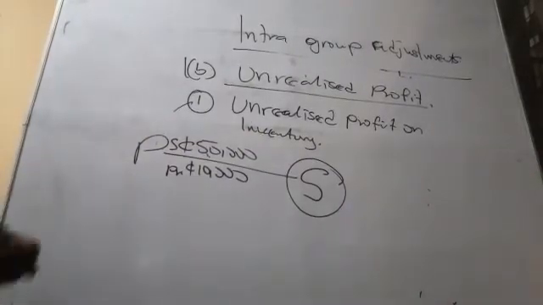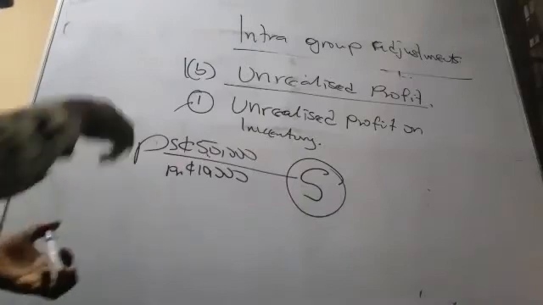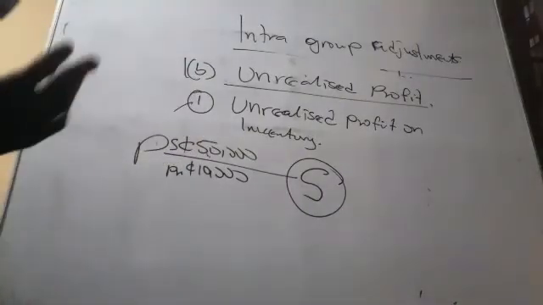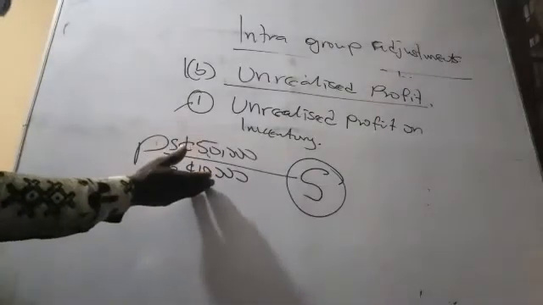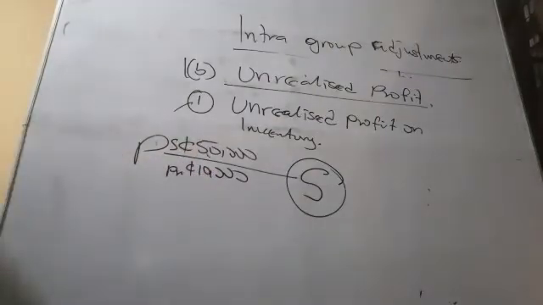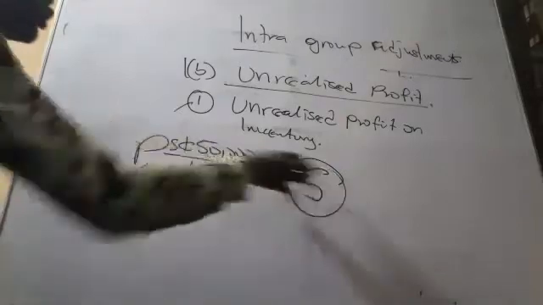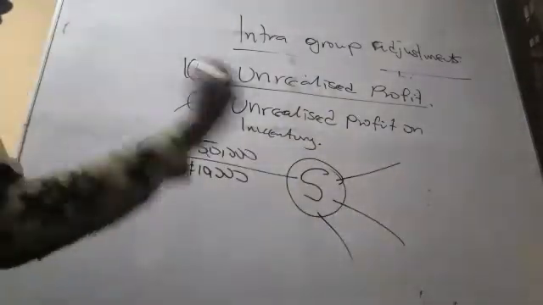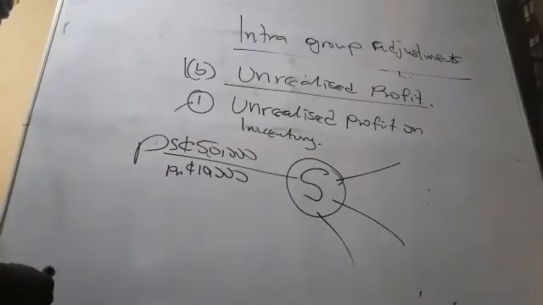So the question is this: when the parent made a sale, the parent was shouting, "Wow, I've made a profit of 10,000." The subsidiary took these goods, hoping to sell them to outsiders, to the third party. But at the end of the reporting period, the subsidiary has sold nothing from these goods.